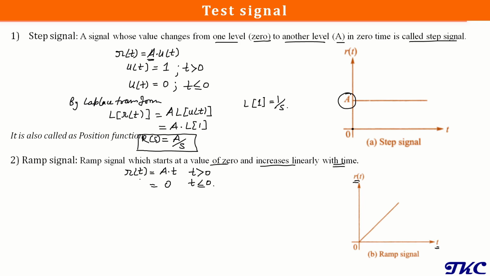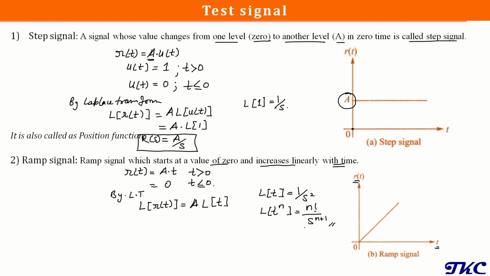Again we can write this ramp signal in the frequency domain by taking the Laplace transform. L of r of t is equal to a, which is a constant that we can take out, times Laplace of t, which is a variable. We know that the Laplace transform of t is 1 by s square, because we are using the formula for t raised to n: the Laplace of t raised to n is n factorial upon s raised to n plus 1.